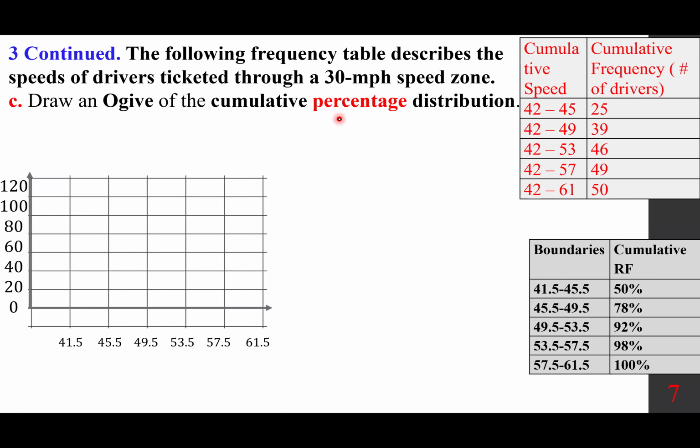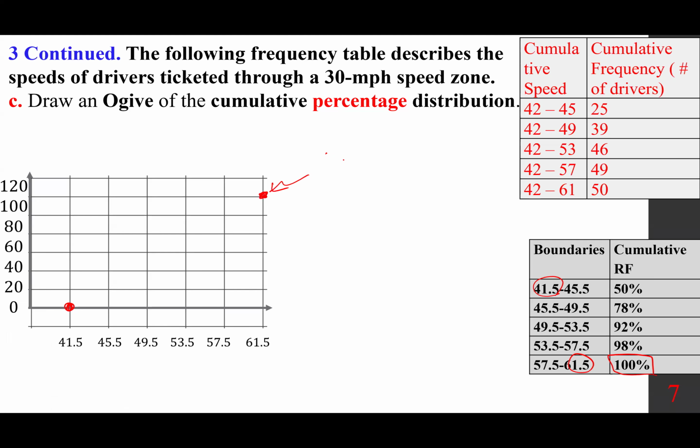Okay. Now, the way this thing works, the lower boundary of the first class always corresponds to 0. And the upper boundary of the last class corresponds to 100%.